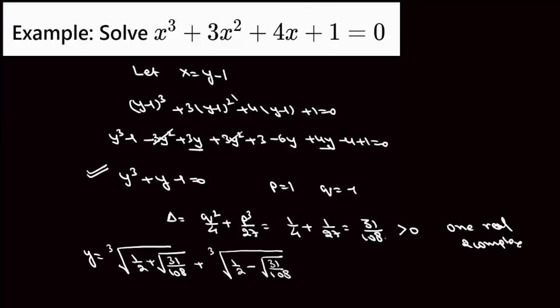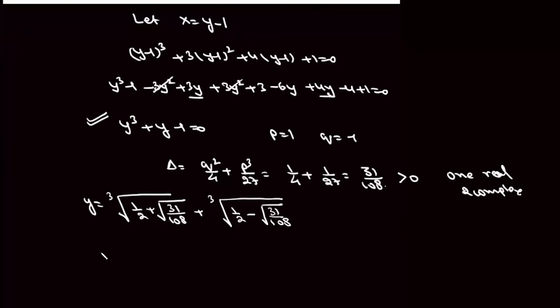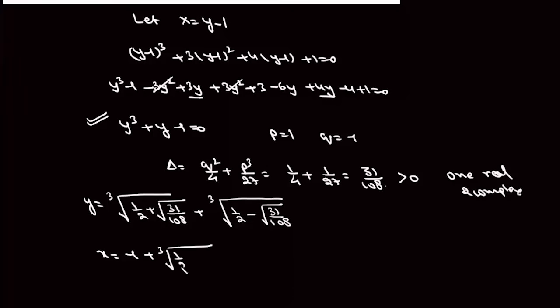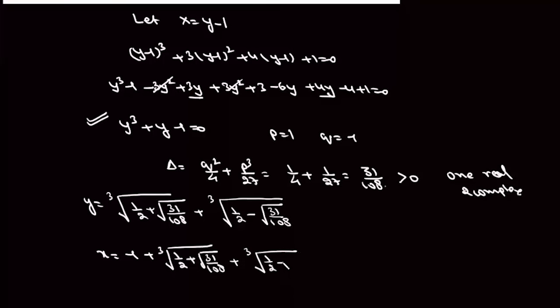Now x is y minus 1. So our real root will be minus 1 plus cube root of 1 by 2 plus under root of 31 by 108, plus cube root of 1 by 2 minus under root 31 by 108.